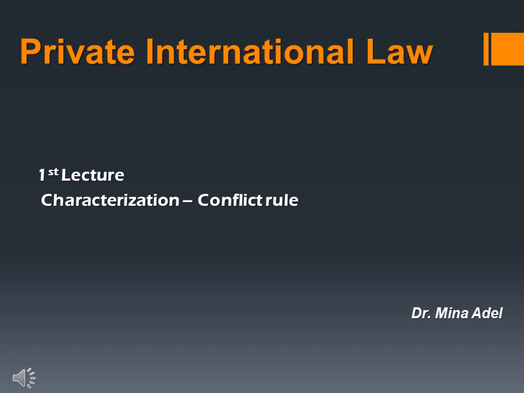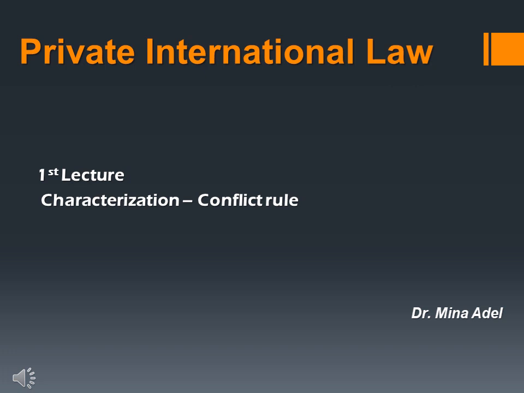If we don't have any international text nor any convention, we will apply the conflict rule, so the domestic conflict rule. So this is what we have said and the steps until now.